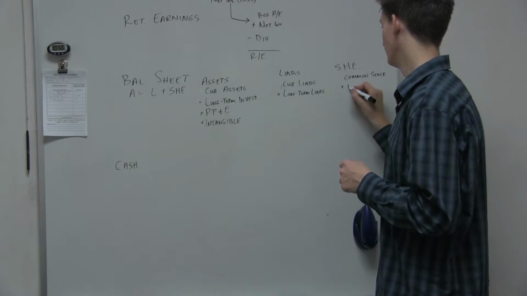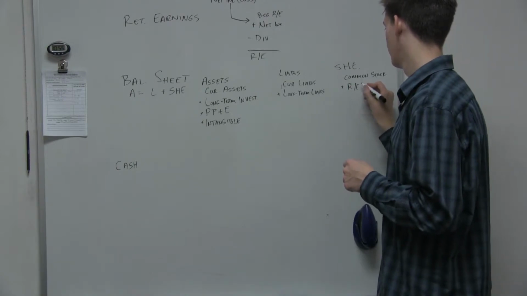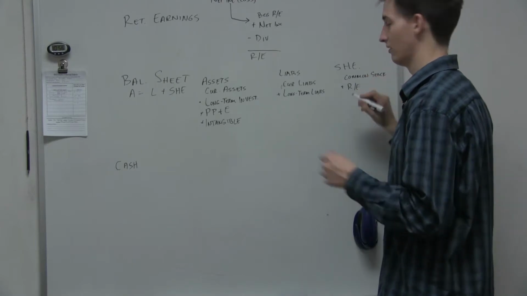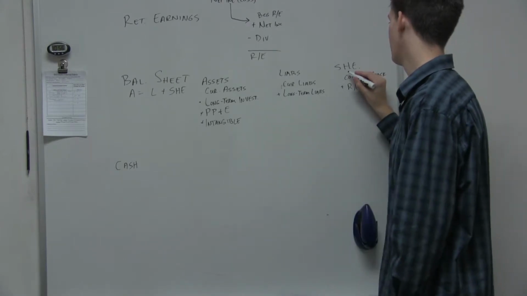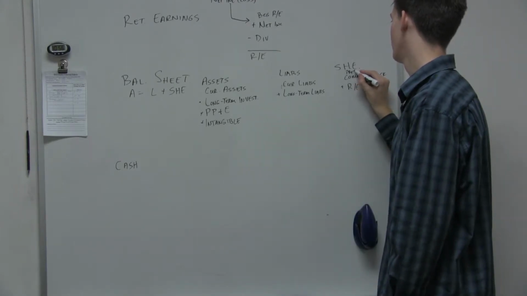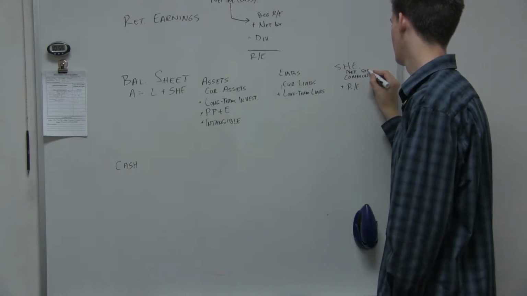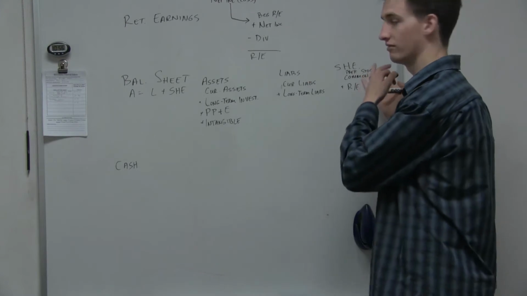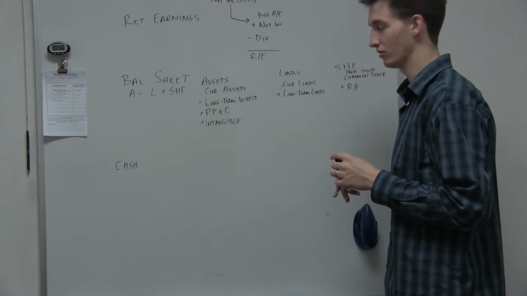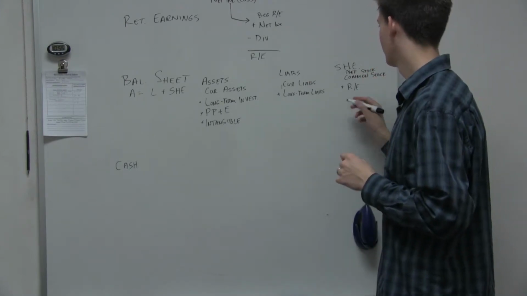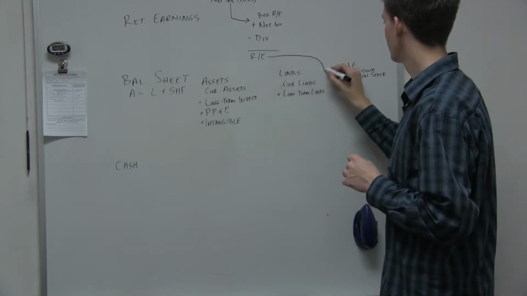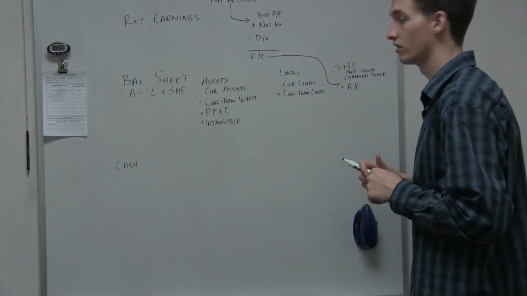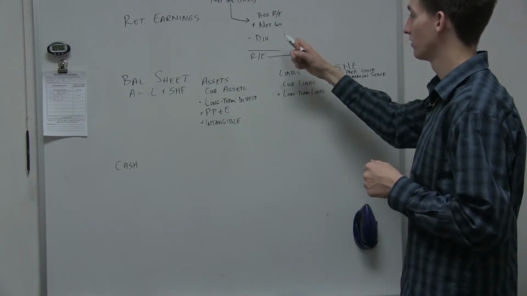It's just retained earnings. So where does preferred stock go? Right now you've only heard of common stock, but we'd also put preferred stock in there. Any stock, preferred or common, goes there. And retained earnings comes from the retained earnings statement.